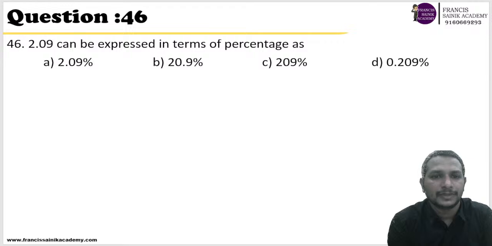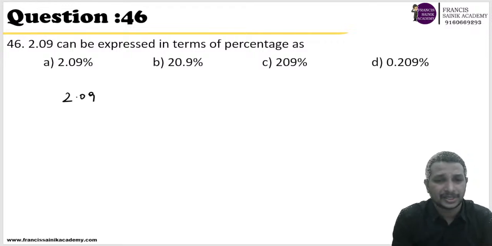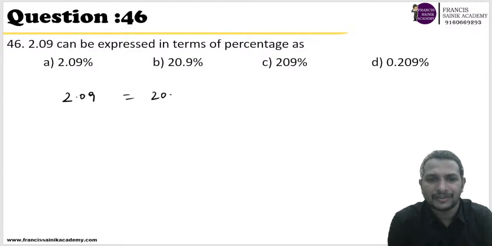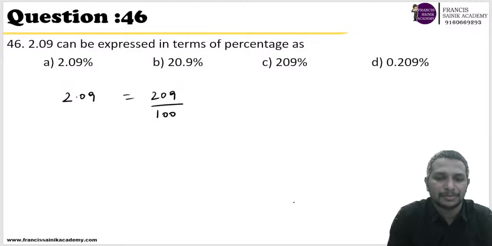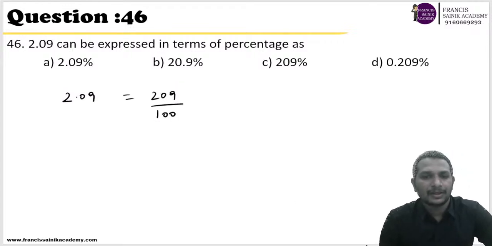Now, next one. 0.09 expressed in terms of percentage. Whenever you convert a number to percentage, multiply by 100, right? For conversion to percentage, first convert it into a fraction. The decimal has 2 digits after the decimal point, which means two zeros in the denominator.